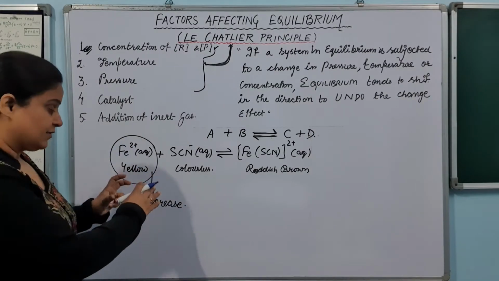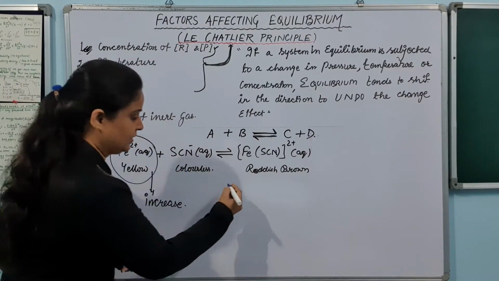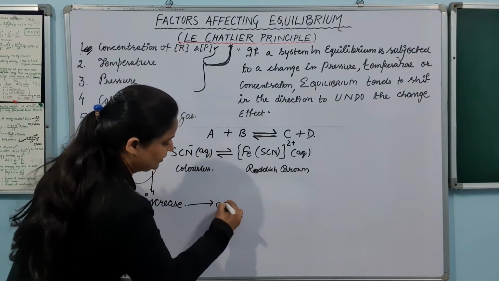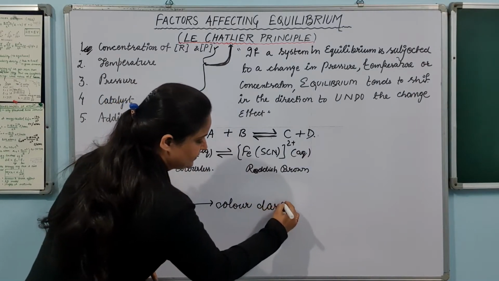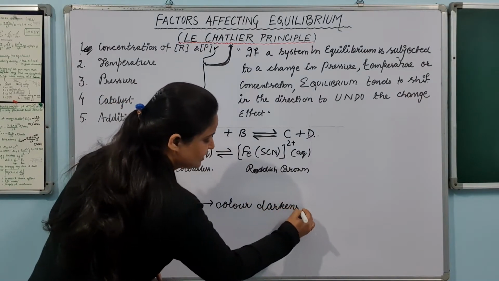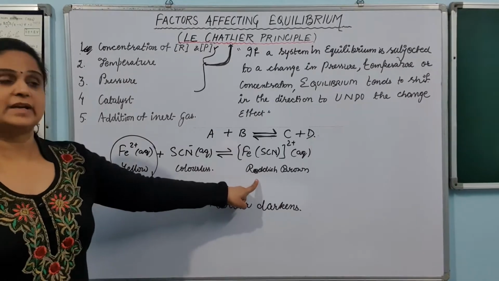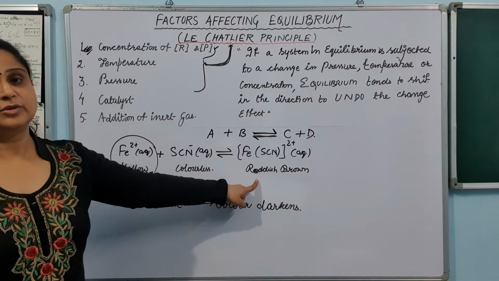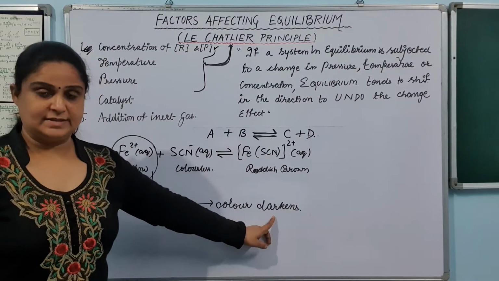That is, that color which was yellowish started turning into a darker color. So the color becomes dark. What does it mean? It means more product is being formed because the dark color is of FeSCN plus 2. So this dark color appears there.